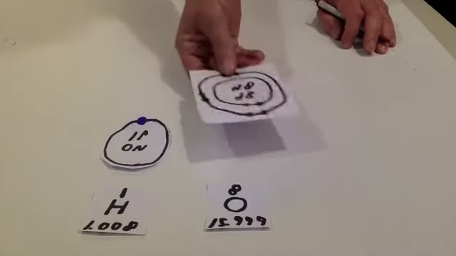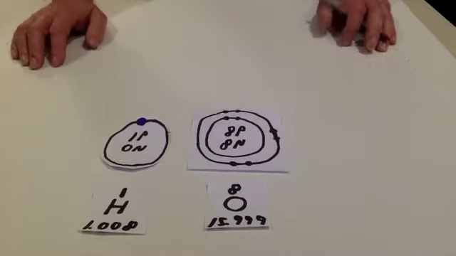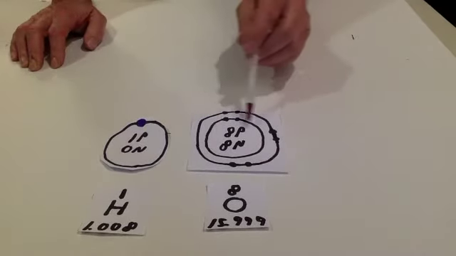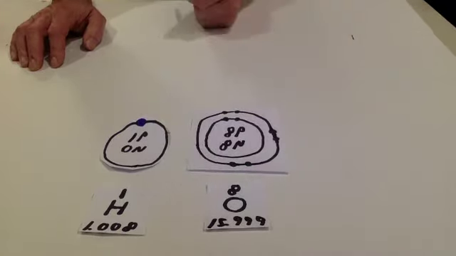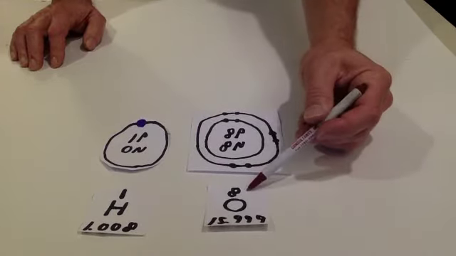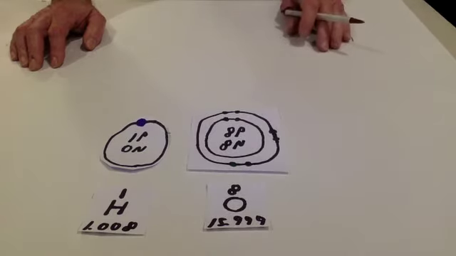So if we take a look at the atomic structure of oxygen, it has 8 protons in its nucleus, and we can figure out that it has 8 neutrons from the mass number, which rounded off is 16. And we know that the protons plus neutrons has to equal 16. So 8 plus 8 is 16.